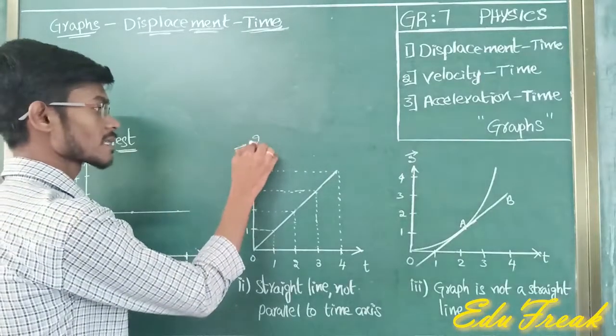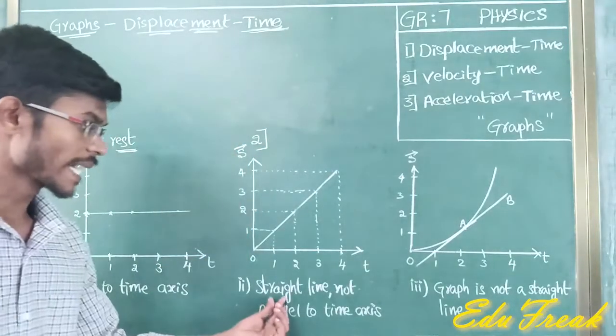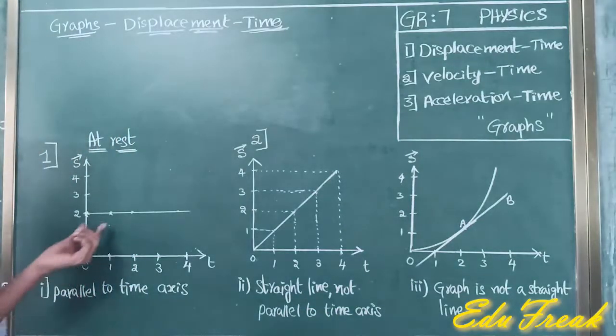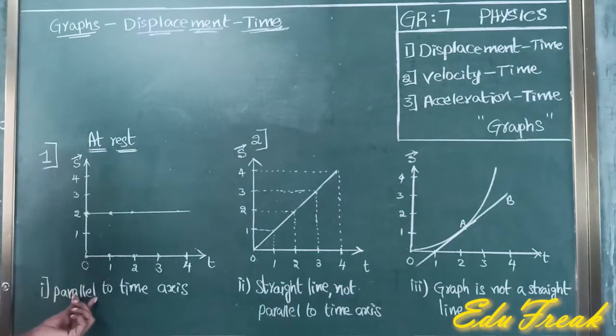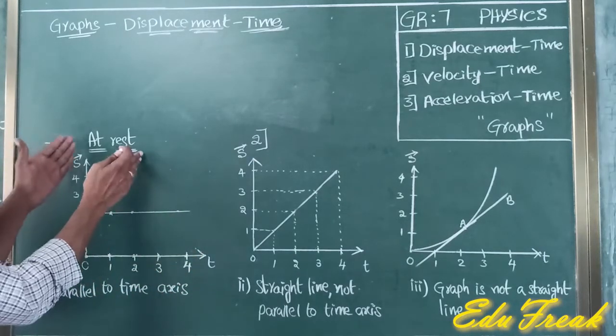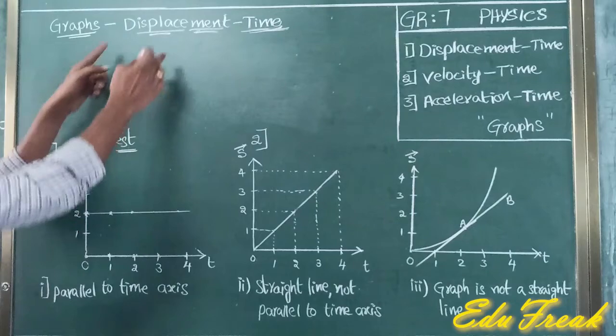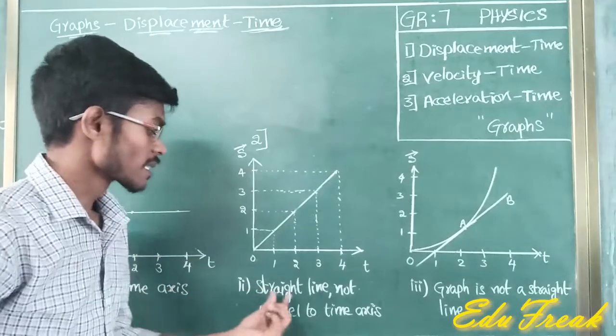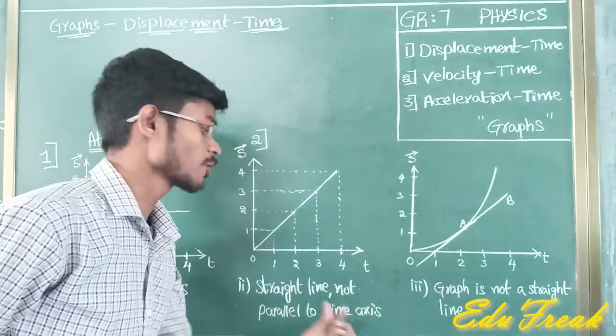And the second case, a straight line not parallel to the time axis. If the line is parallel to the time axis, the object will be at rest in the displacement time graph. Now we will see the straight line not parallel to the time axis.